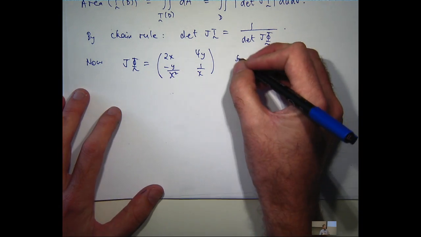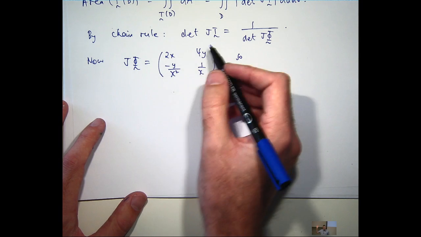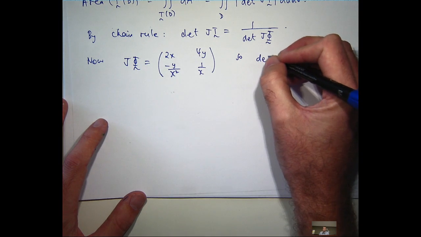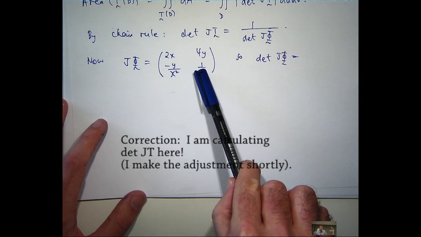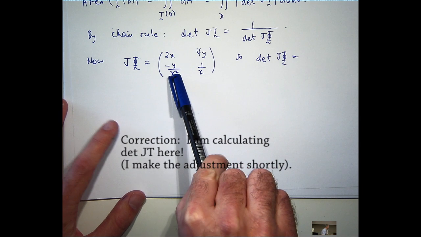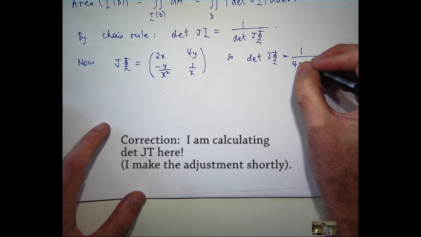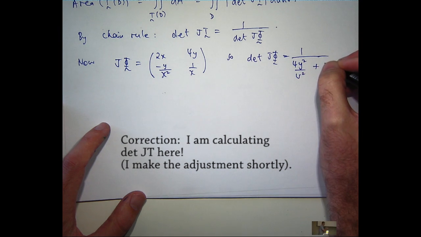So, the determinant of this, it's that times that minus that times that. So if you do the algebra and write it in the following way, plus 2.